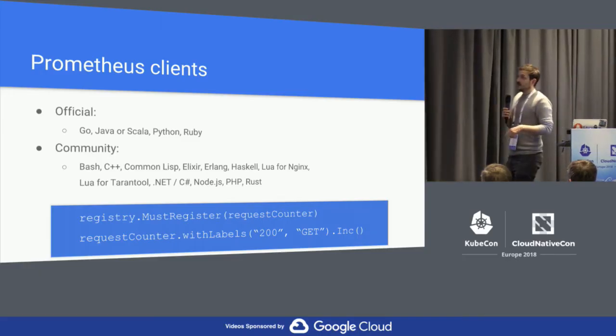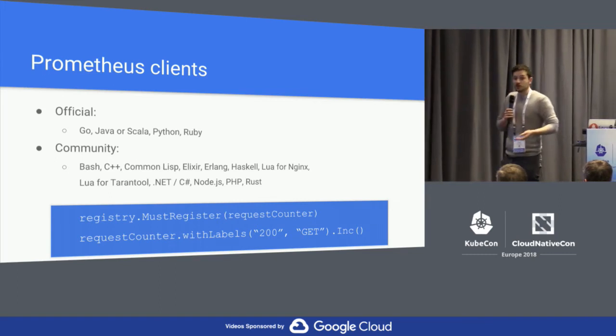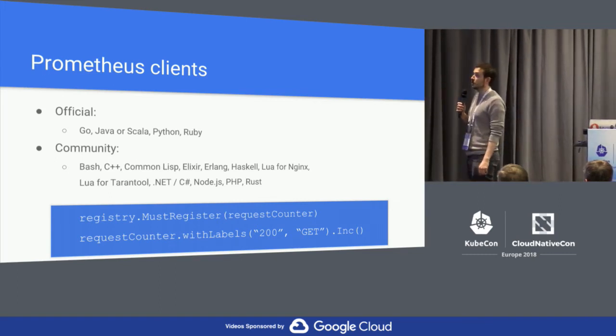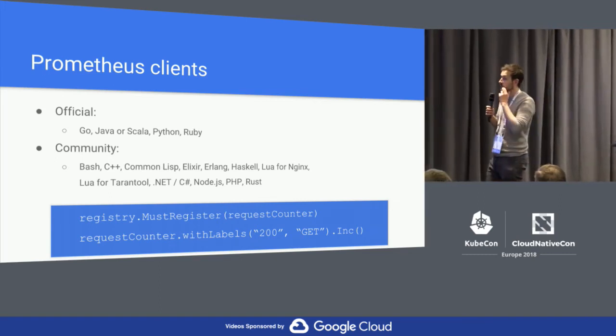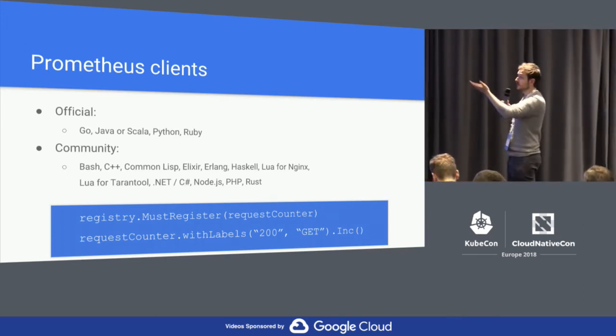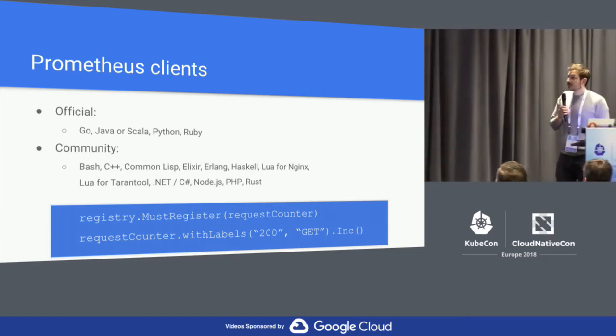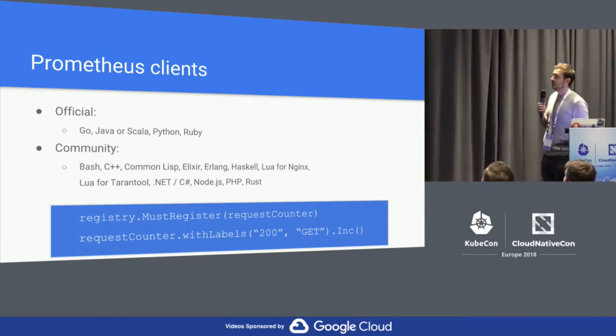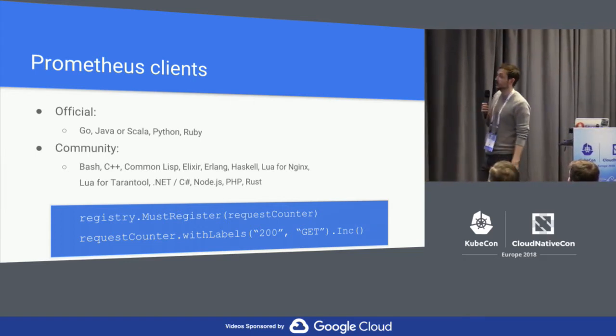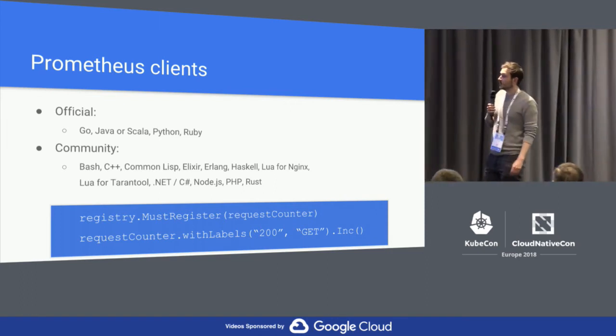If you want to instrument your own application with that, you could do that in any one of the officially supported languages, but there are also a ton of community-supported ones that are just as good.